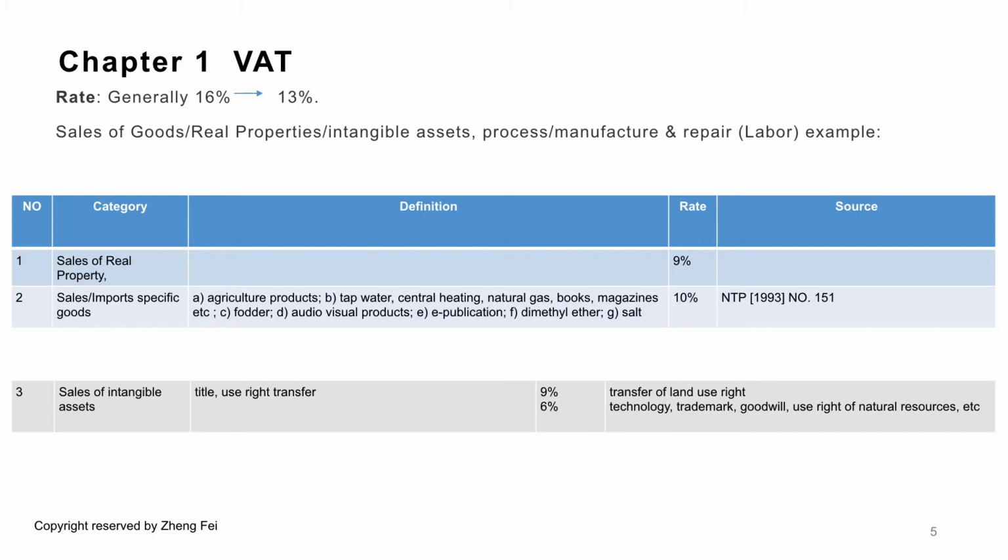However, there are some specific categories which have a different rate other than 13%, as we can see listed here below.